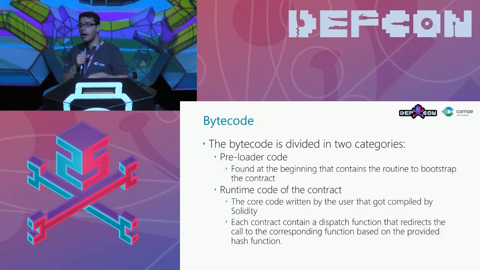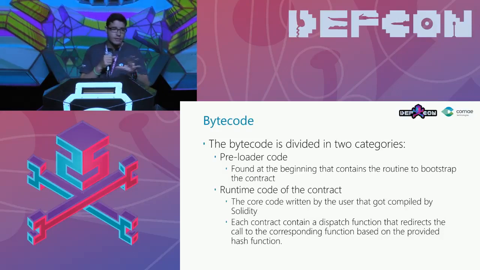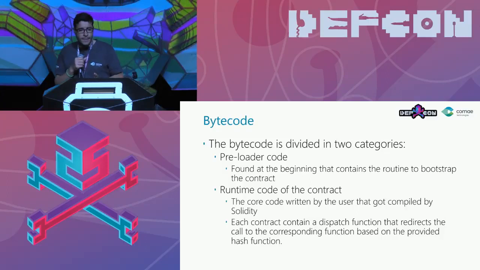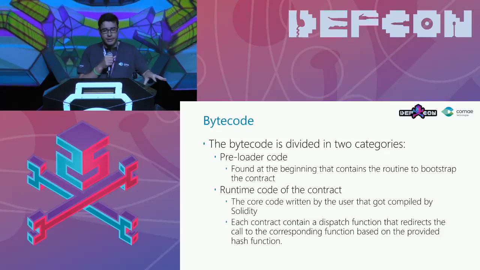So now that we have seen how the actual EVM is working, let's talk about the bytecode now. You're going to have two different categories.